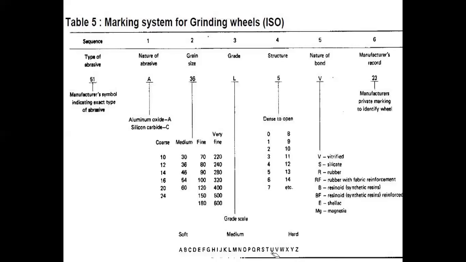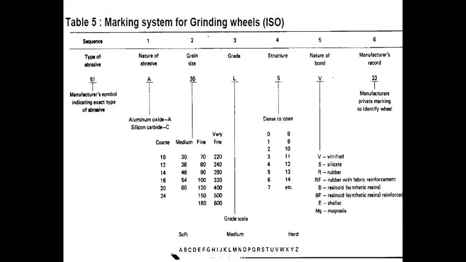If the grade is somewhere around U, V, W, X, this grinding wheel is very hard. Normally the material toward this side is used to grind hard materials like tungsten, cast iron, or hard, high strength steels. Whereas if the grade is A, B, C, D, E, it is very soft.